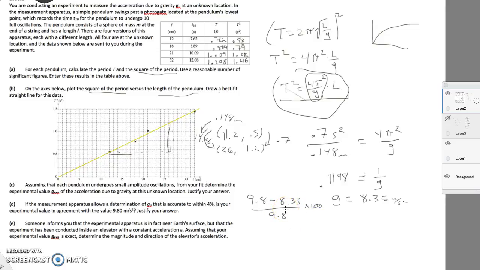The math there is going to give us definitely more than 4%, probably closer to 15% actually. So we get 14.7% error. And so the answer here is no, because we have an error significantly greater. It's quite a ways off.